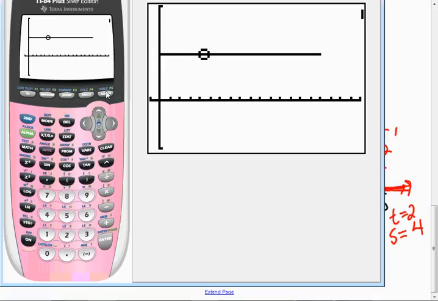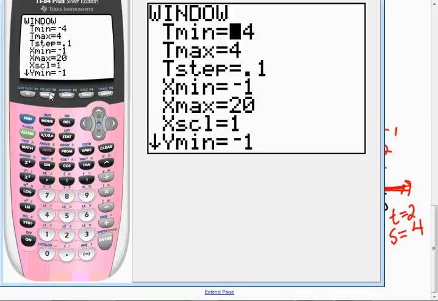Oh, and now I can see the negatives, so I don't need negatives. Now, my problem with my window is it's not big enough. First off, I want my x's to be negative, so we'll do negative 20, and it's 2t, and I've got to make my y's go from negative 10 to 10.